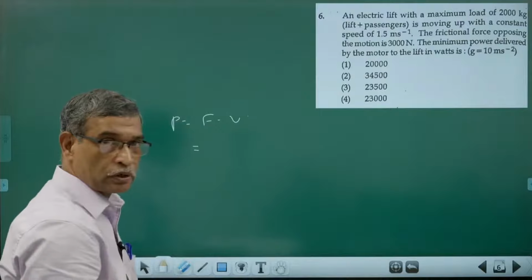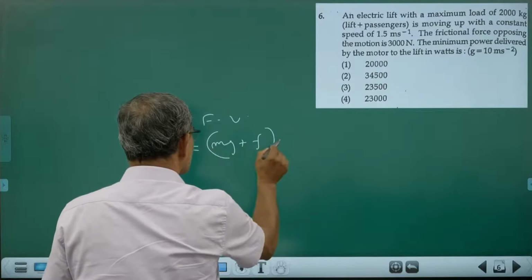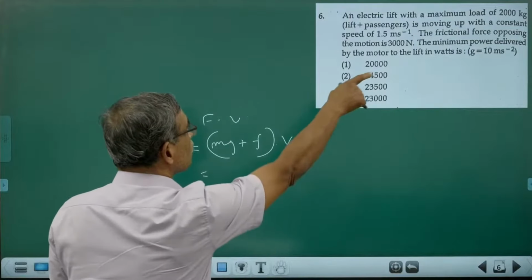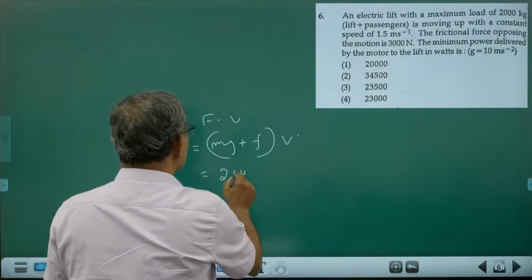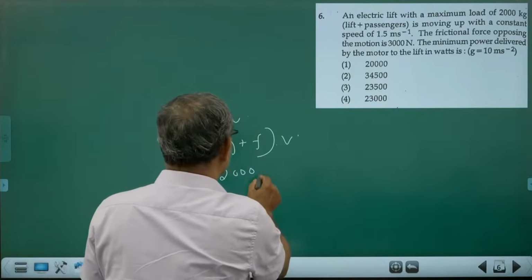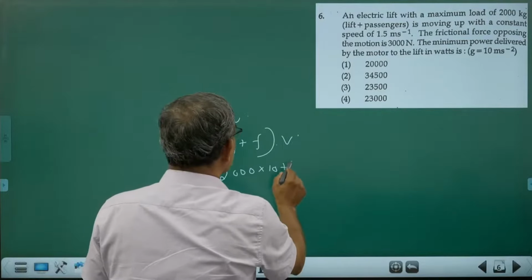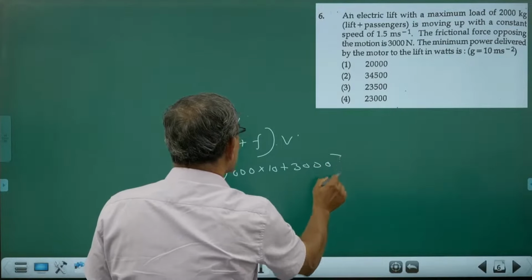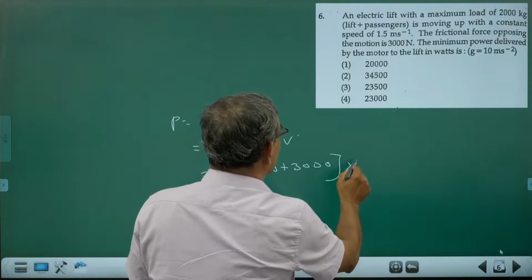Force is equal to the weight of the body, that is mg, plus frictional force, into velocity. Weight is equal to 200 into 10. Force is 2000 plus frictional force 3000, into velocity. Velocity of motion is given 1.5.